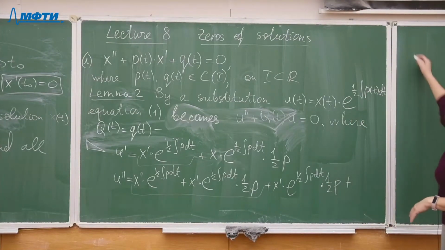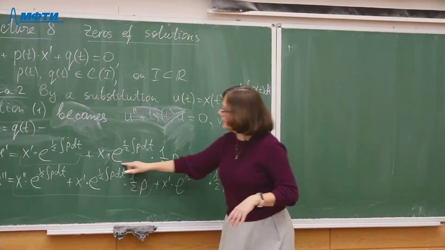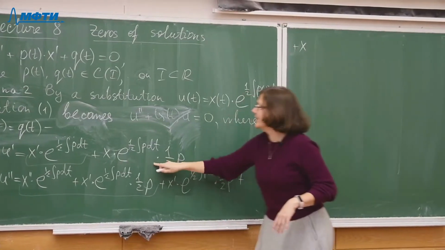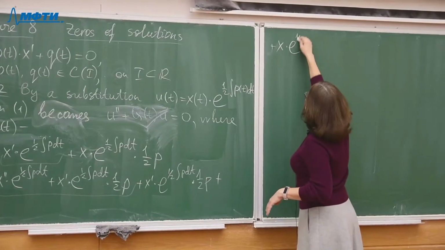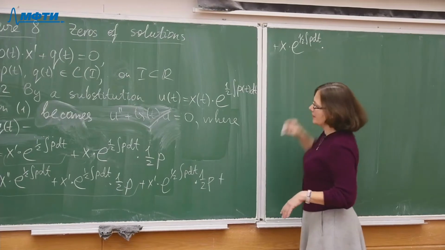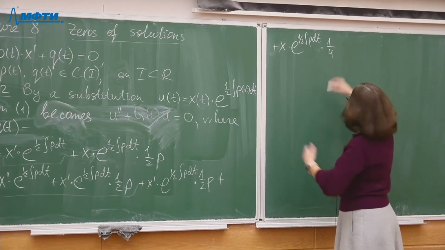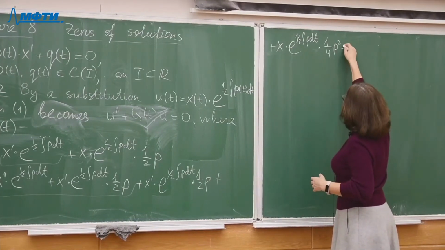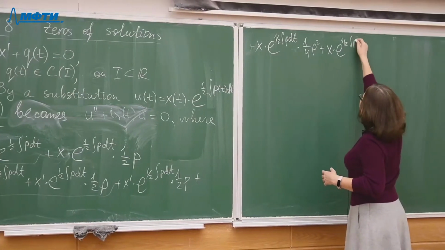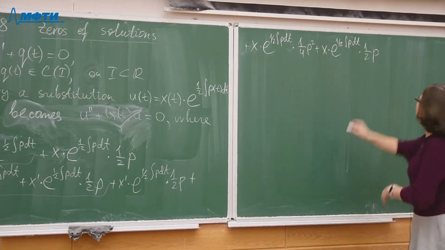Plus, then let's differentiate this. I will rewrite x, then differentiate e to the power 1/2 the integral p dt times the same factor, and it will give us 1/4 p squared, plus x times e to the power 1/2 the integral p dt times 1/2 p prime.